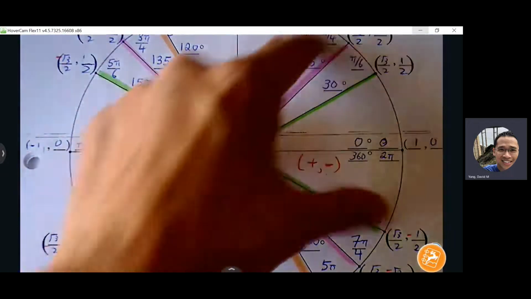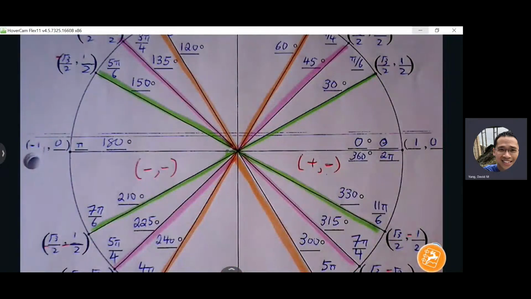And all the middle angles in pink are all 45 degrees away, so they all are related to each other because they all have reference angles of 45 degrees. And all the ones in orange, all the 60-degree related measures, 60, 120, 240, 300, they all have a reference angle of 60 degrees.